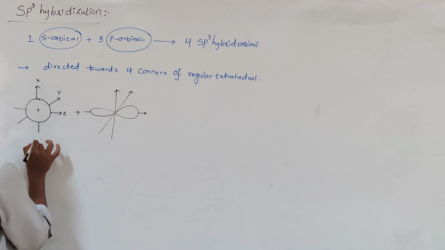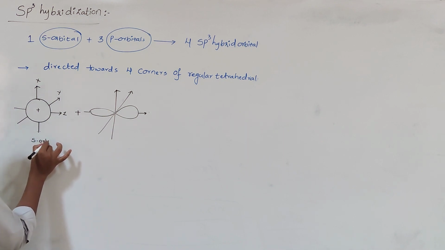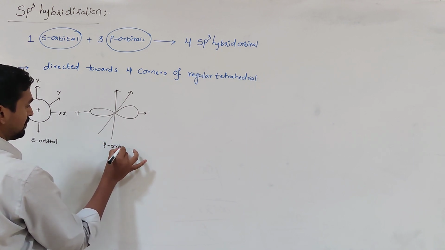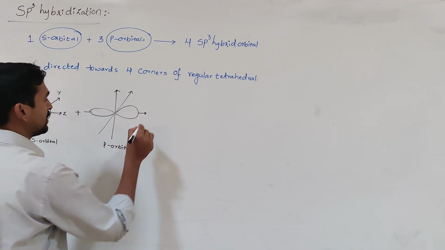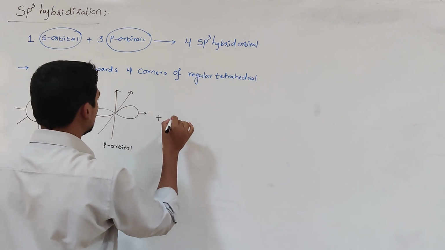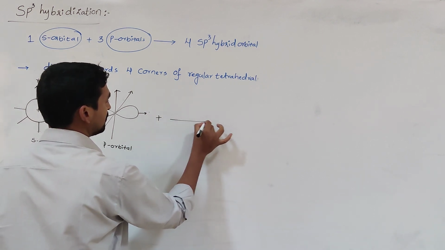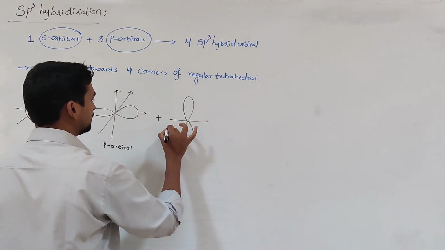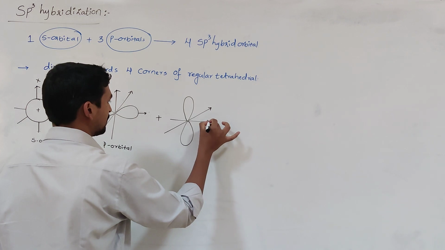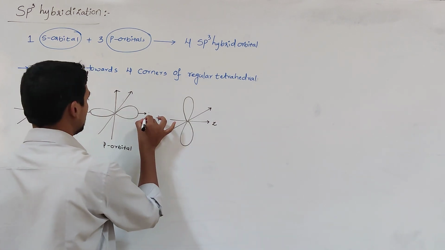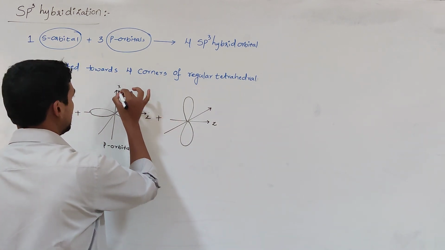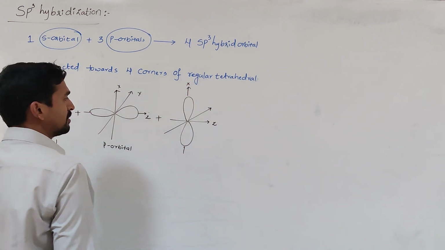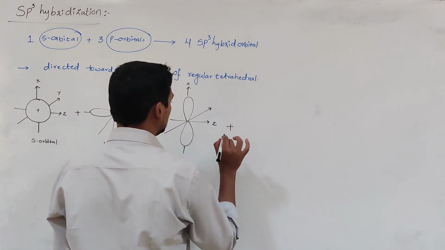Say for example, this is an s orbital, this is a p orbital, another p orbital is along another direction, and the third p orbital.